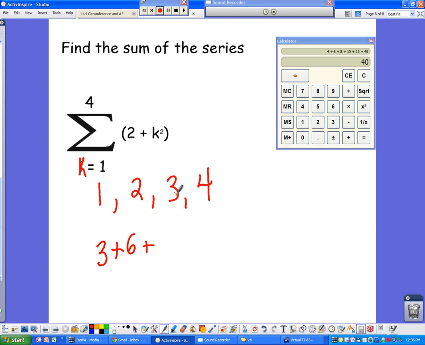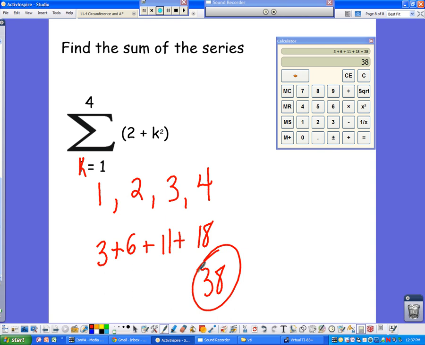Plus, next one is 3 squared. 3 squared is 9. 9 plus 2 gives us 11. And the last one, 4 squared, which is 16. 16 plus 2 then gives us 18. And we just find the sum. 3 plus 6 plus 11 plus 18. And the answer is 38.